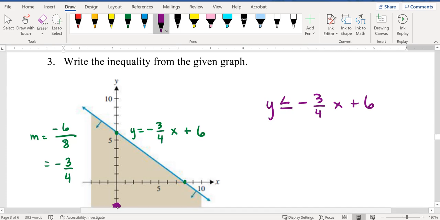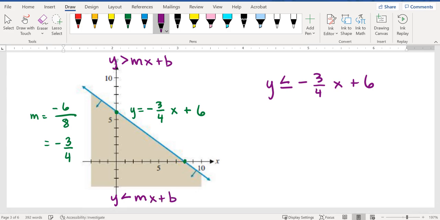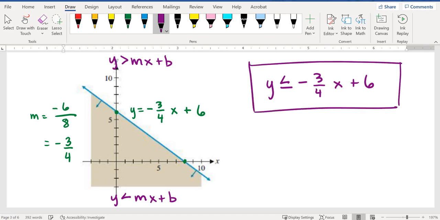If you've got it in slope-intercept form and you're shading down below the y-axis, this one is the less than, and this one is the greater than. That might help you some too. So my inequality is y less than or equal to negative 3/4 x plus 6. It's equal to because this boundary line is solid.